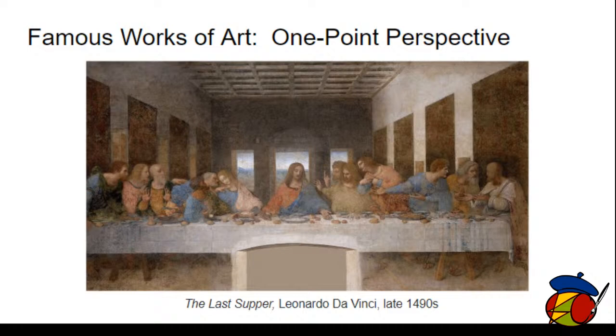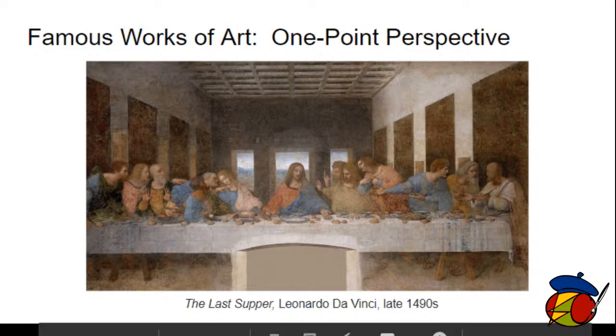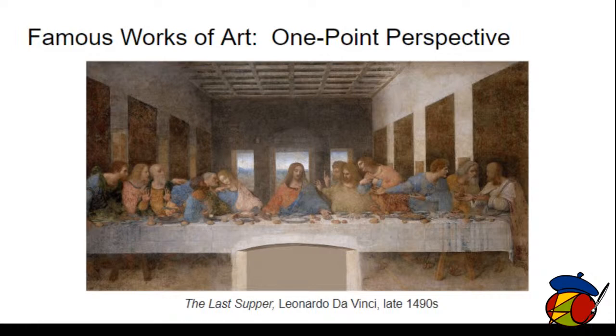The interesting thing about this painting, one of the most beautiful reasons for one point perspective, is that not only does it create depth, and a sense of depth, the vanishing point is on Christ, who is the central figure in the painting. So it also has significance with regard to the subject of the painting.